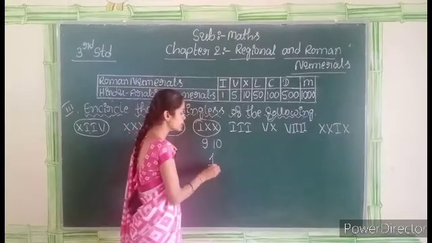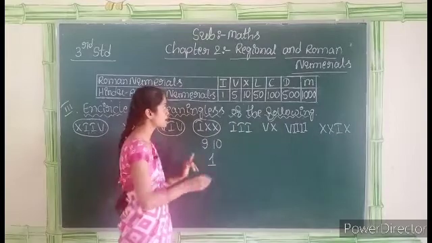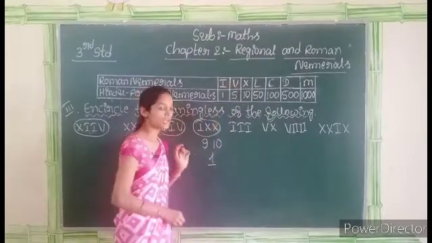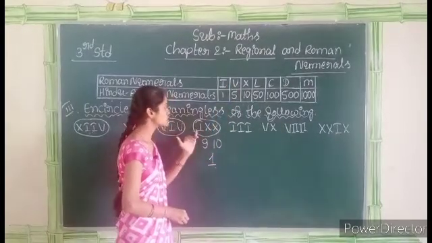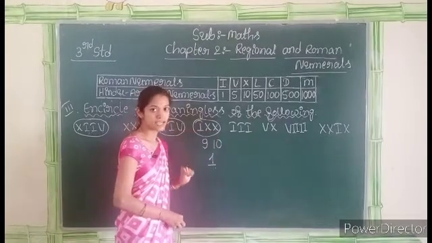But in Roman numerals, we have the specific symbol for this one, that is I. I represents 1, not IXX. That's why this is meaningless.